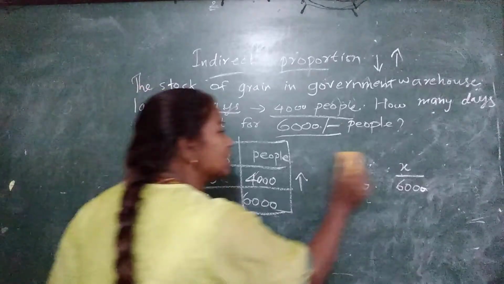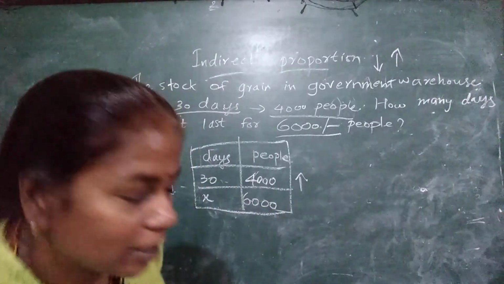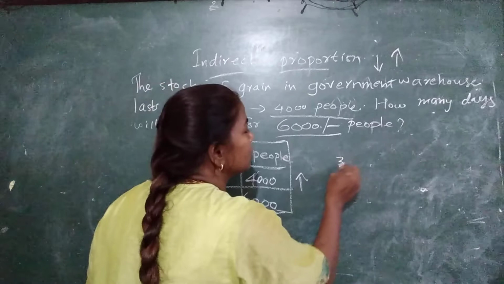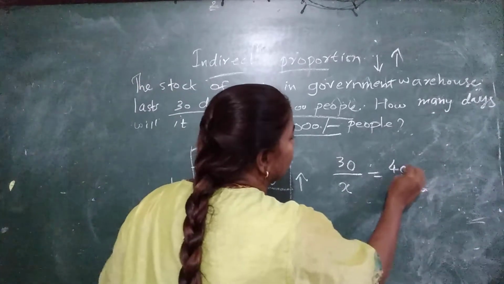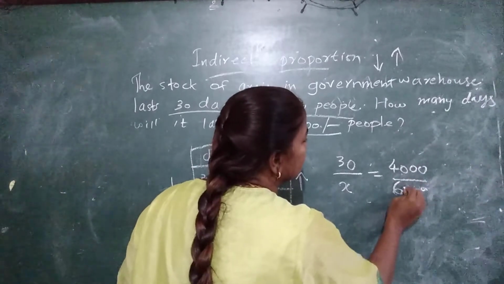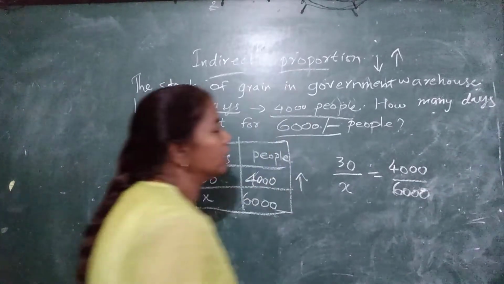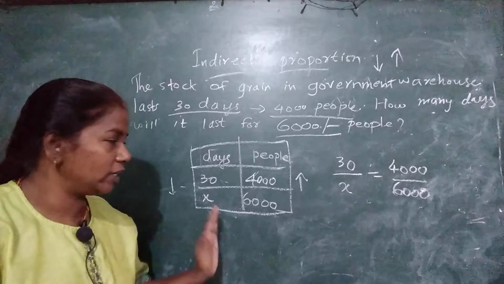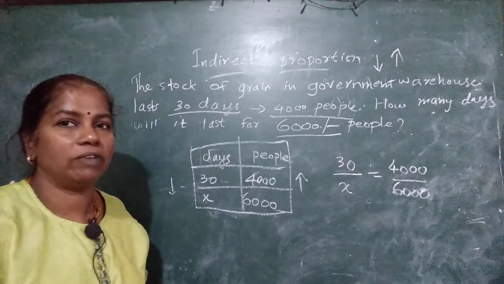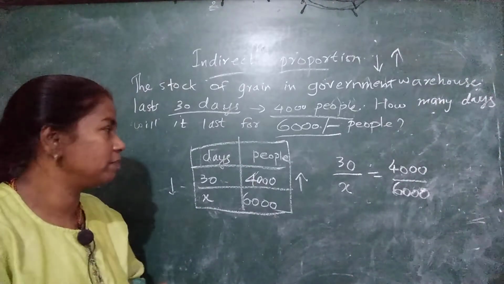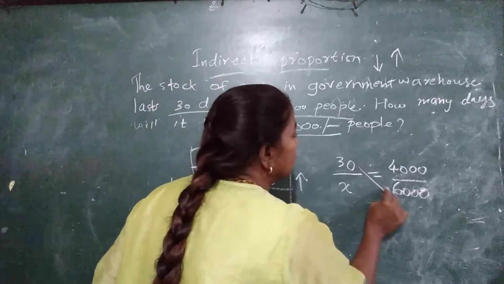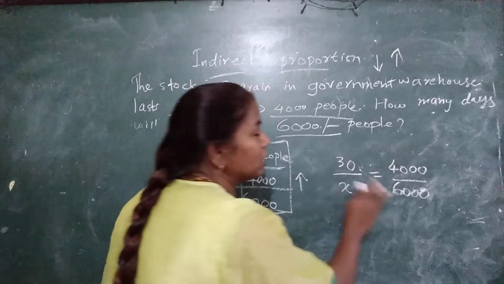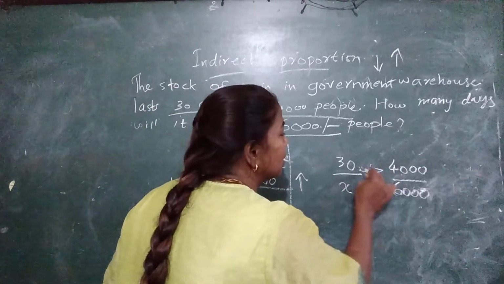You have to write as it is. I taught you the other technique. Don't get confused. 30 upon x, write as it is, 4,000 upon 6,000, write as it is. Don't get confused, because if I teach the other way, you will get confused. Go for one method only. Then we will not cross multiply. We will multiply in the same manner.